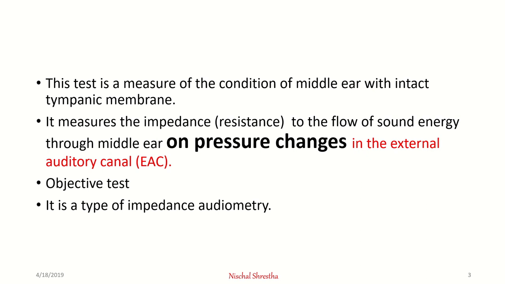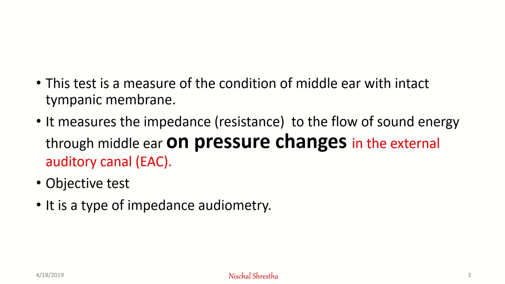And this test is a measure of the condition of the middle ear with intact tympanic membrane. So to do this test, the tympanic membrane must be intact. If there is perforation of the tympanic membrane, we simply cannot perform this test.